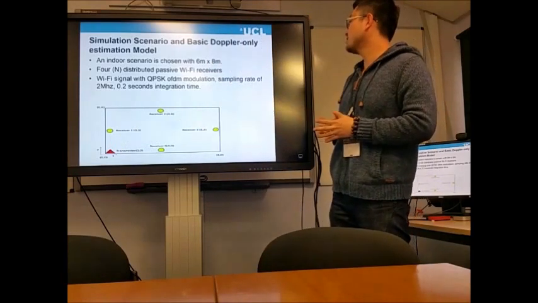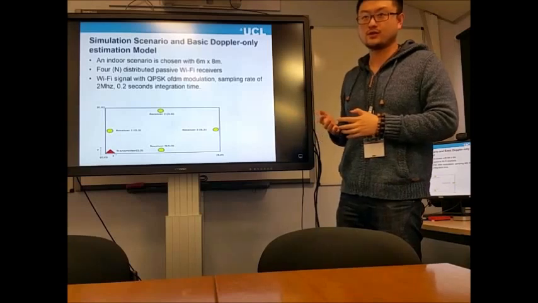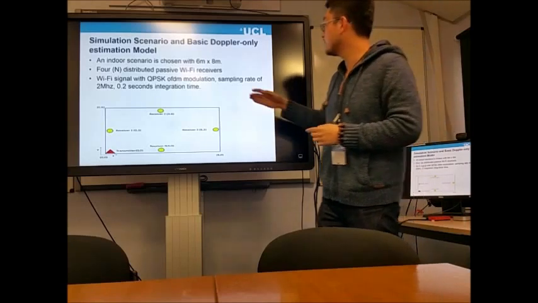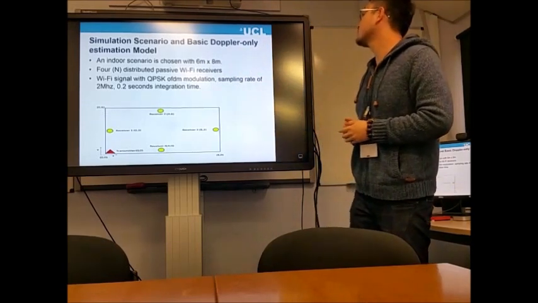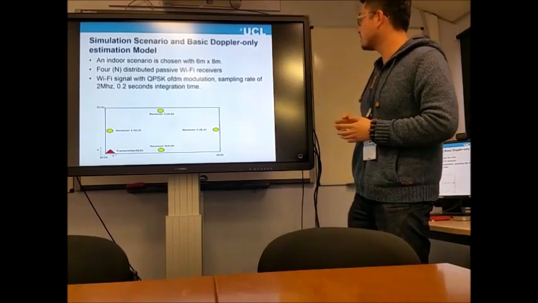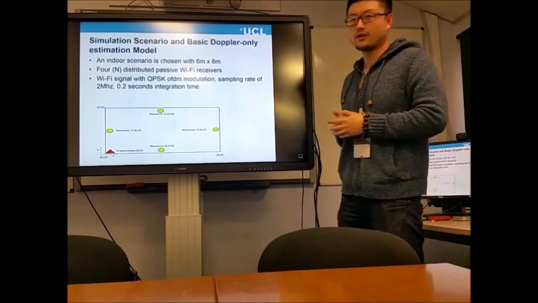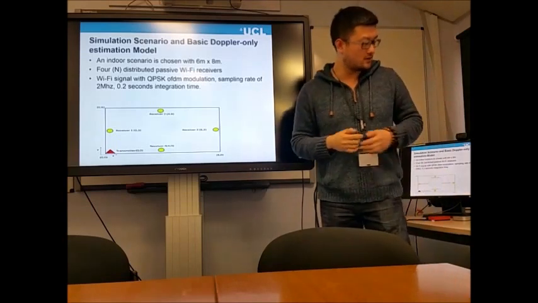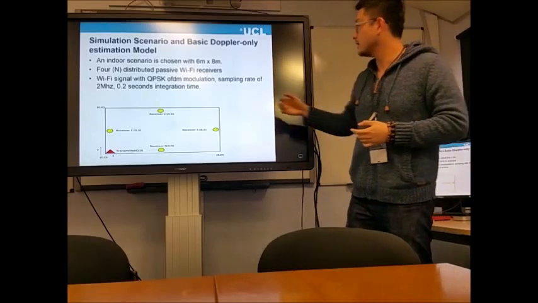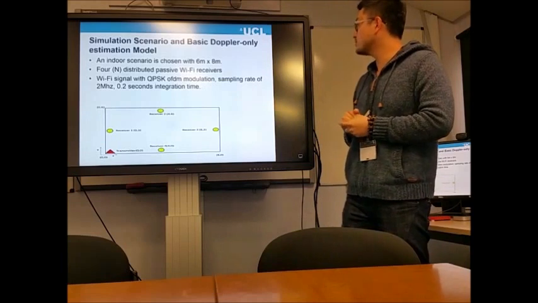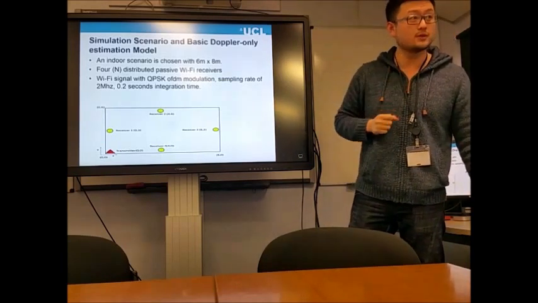This is a very simple scenario, just for proof or verification of the signal processing method. For the signal, we use QPSK OFDM modulation, and the sample rate is 2 megahertz because, given the speed of the laptop, we cannot do 20 megahertz. And we use 0.2 seconds integration time for one Doppler estimation.